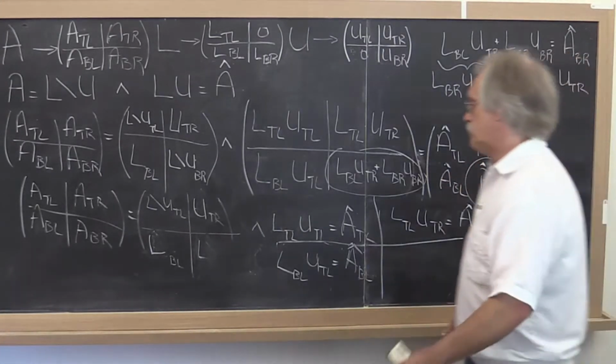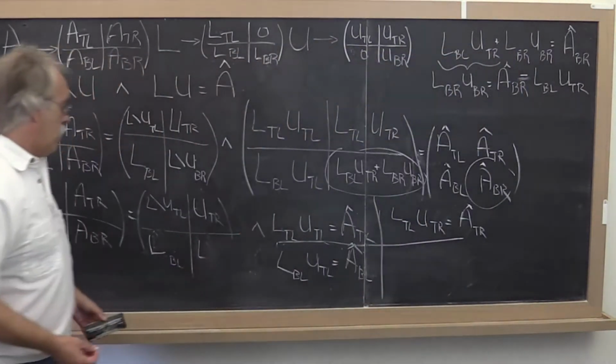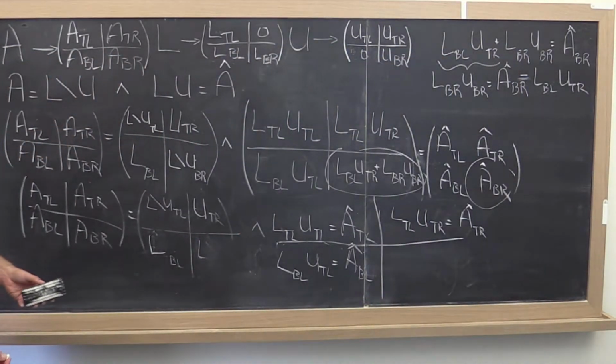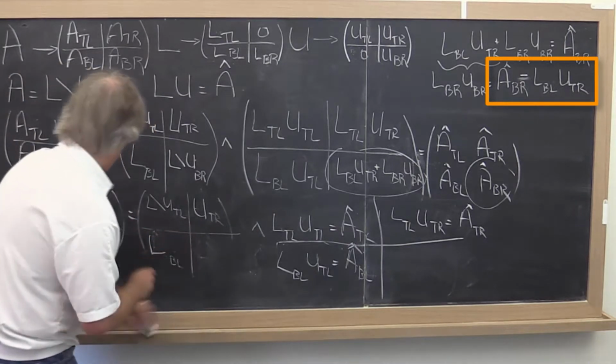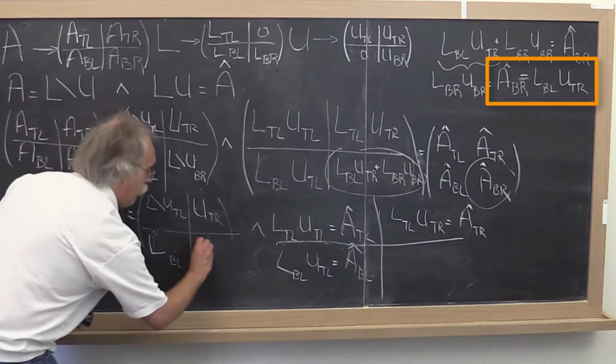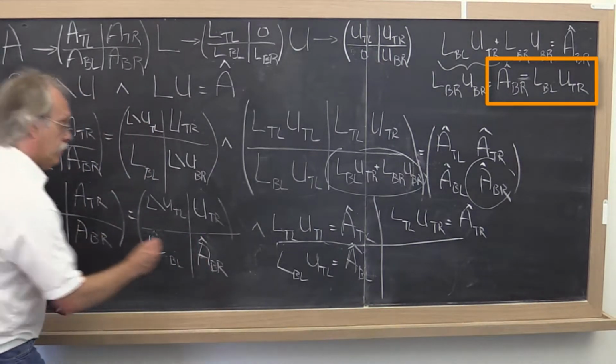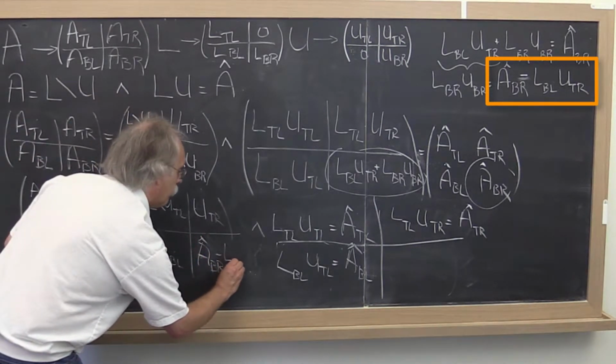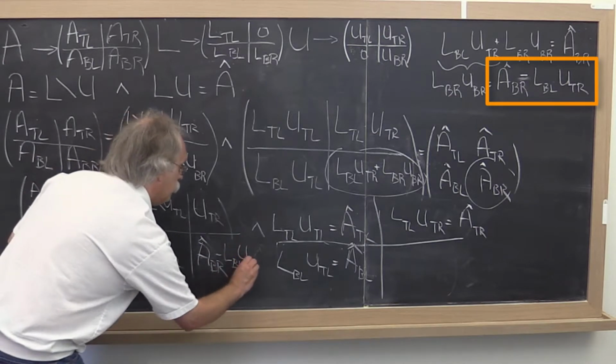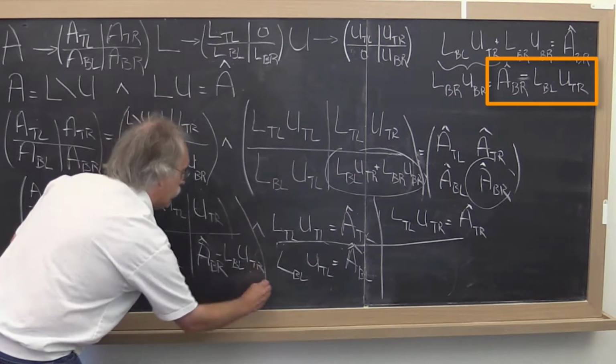And how would we capture that in our loop invariant? We would say A bottom right has been overwritten with its original contents with L bottom left times U top right subtracted off.